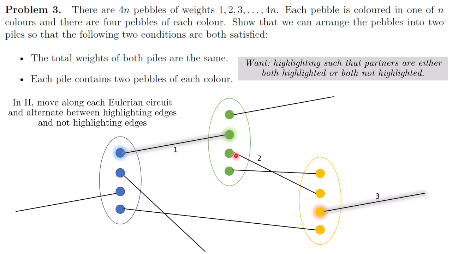There could be cases where we have a loop, but the loop will result in both highlighted or both not highlighted, and the edges coming in and going out immediately after will have the same highlighting status. So anyway, this is something that you can reason through yourself, and I think you should be able to convince yourself that this process will result in exactly 2 pebbles of each color being highlighted.